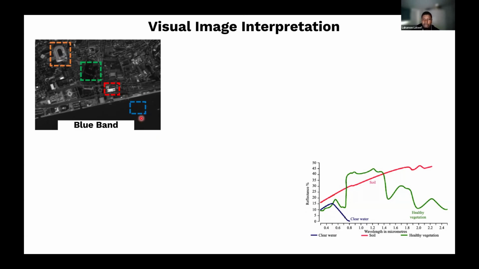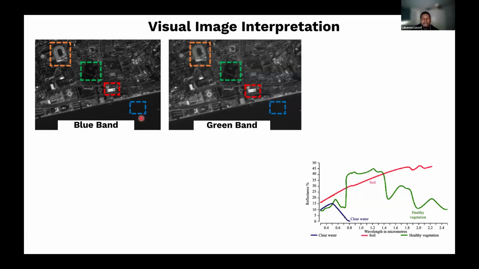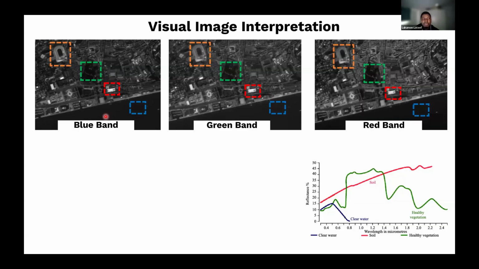So let's check the green portion of the spectrum and see how they behave. We can't actually see much difference between how the features appear here and how they appear in the blue band. So let's check the red portion.